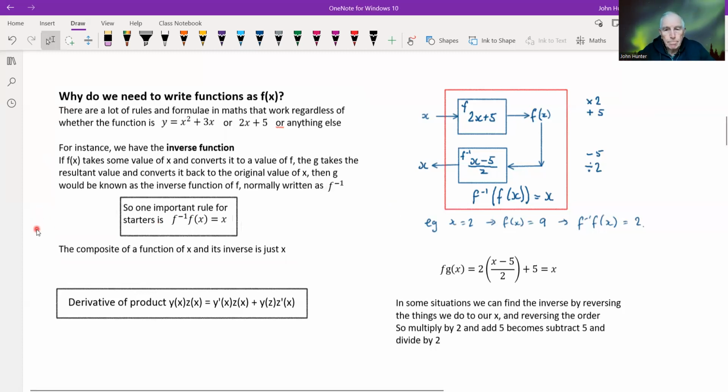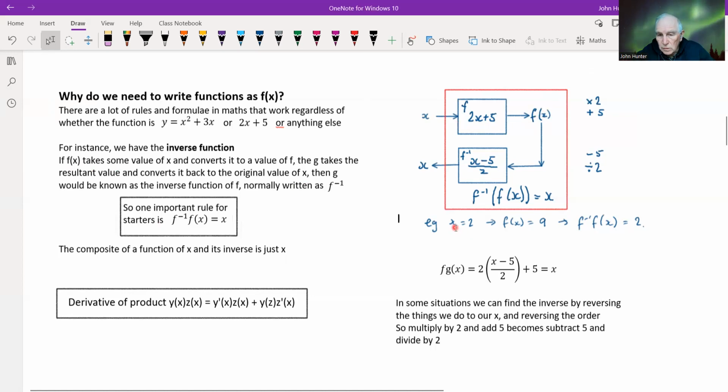Let's have a look at this example here. If we've got the function 2x plus 5, and we put our x into that, we get f of x out, and then if we take the inverse function, I'll come back to why it's this in a moment, we put our f of x into that, and we get x out.